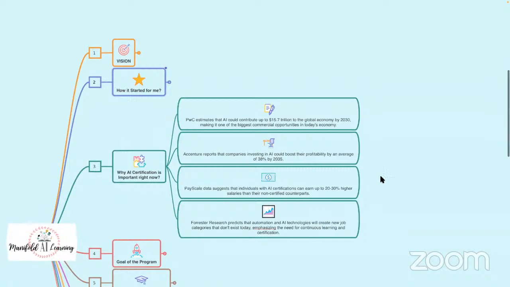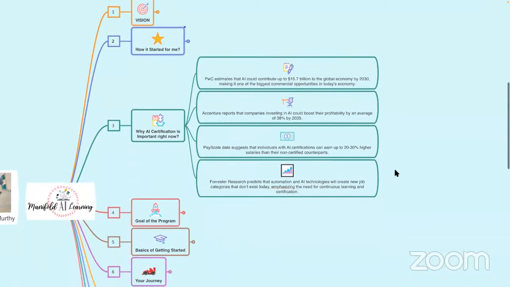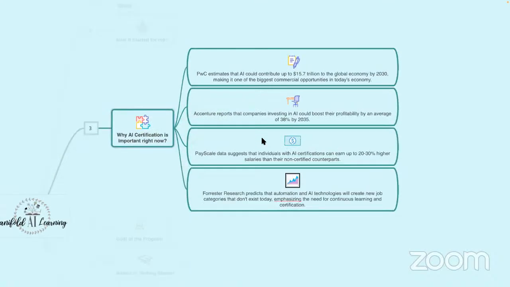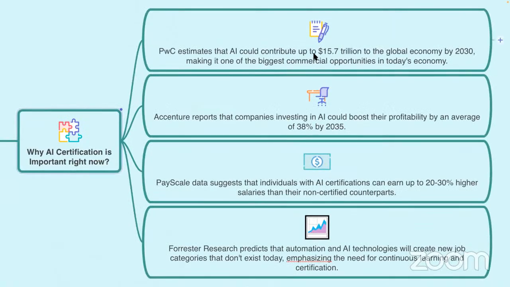Now, the question is why AI certification is important right now, especially certification with AWS or the vendors that we see. Well, these are the key statistics that we have found. PwC estimates that AI could contribute up to 15.7 trillion dollars to the global economy by 2030, which means this is the time for you to join AI.